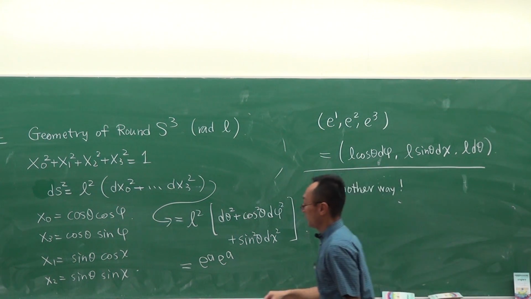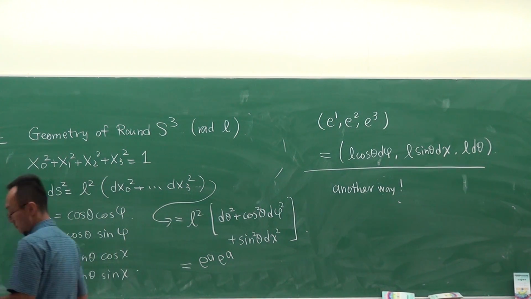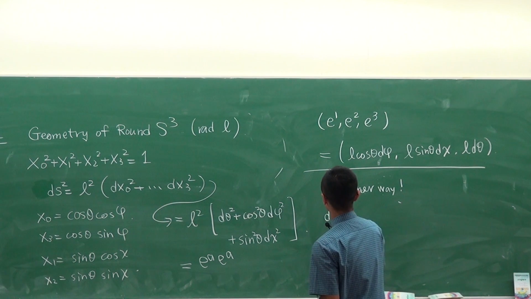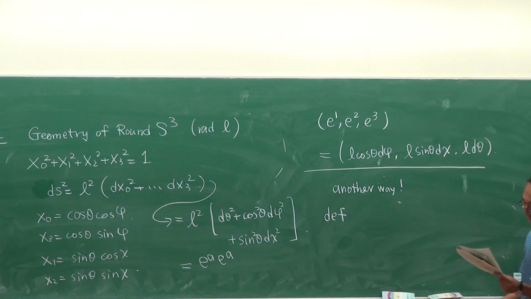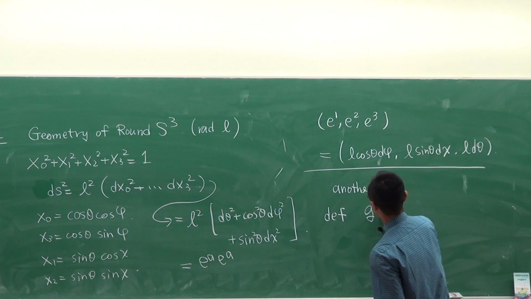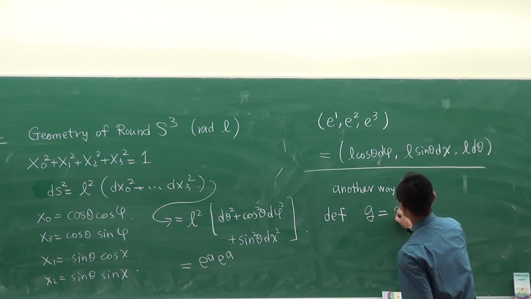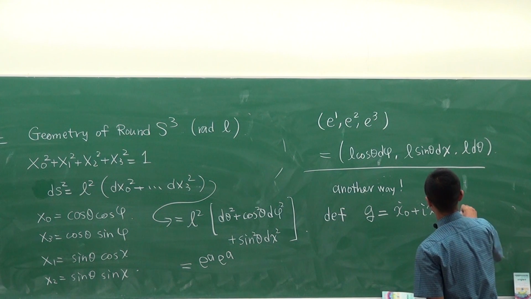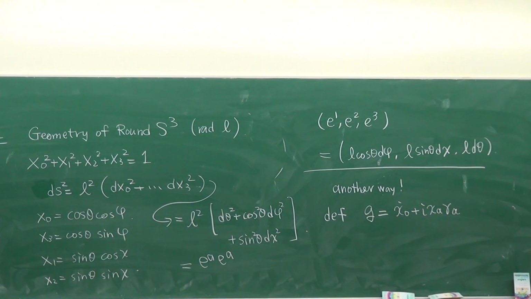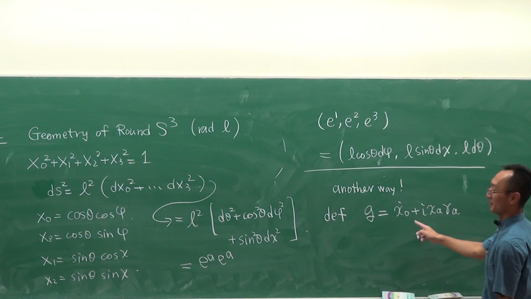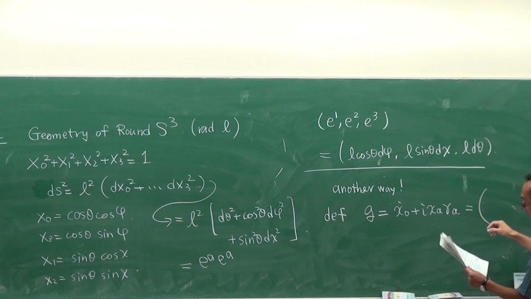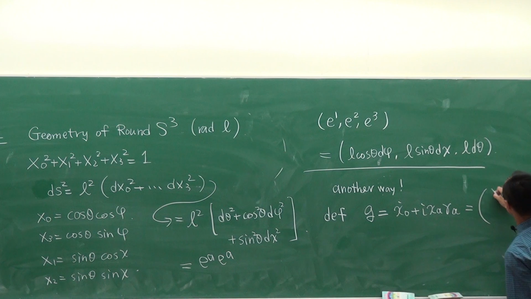So to explain this another way, let's define a 2x2 matrix defined like this. So more explicitly, the 2x2 matrix has this component.